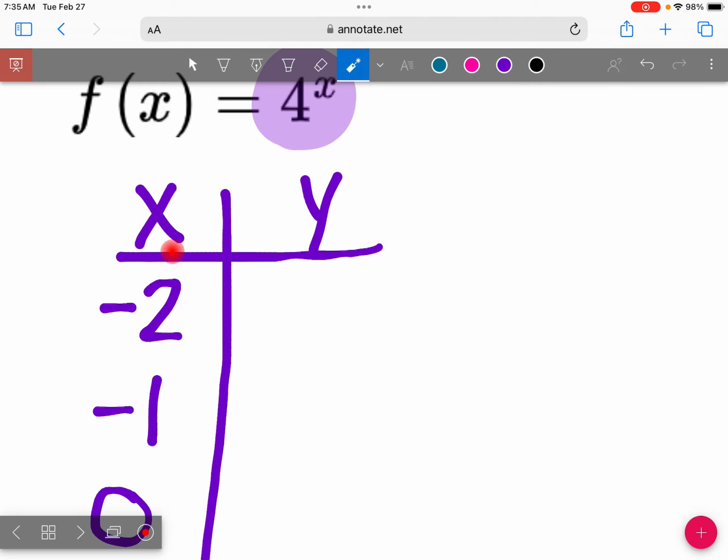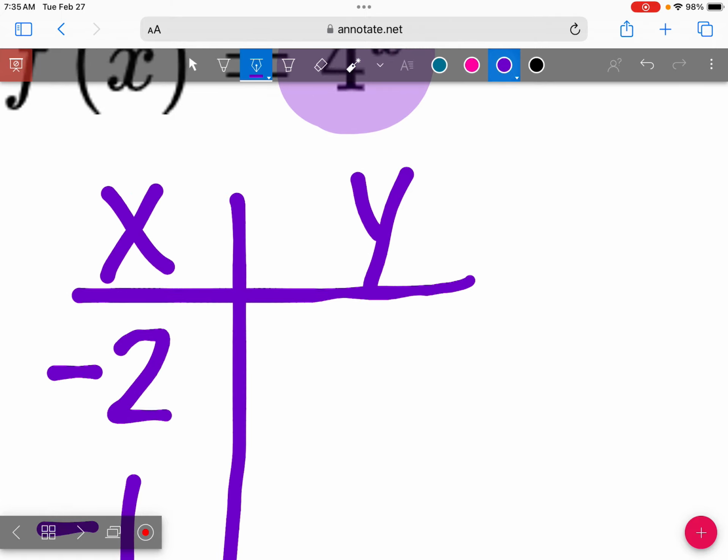For our y values, we're going to evaluate 4 to the x at each of these x's.